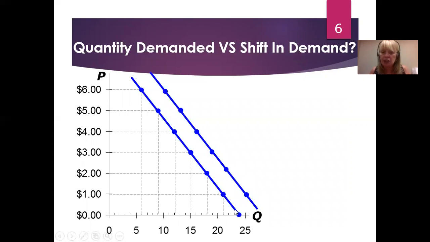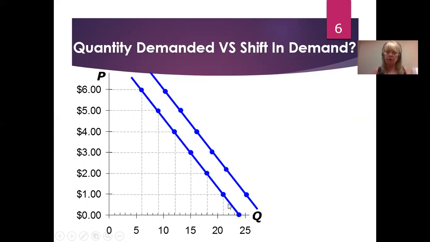So if price changes, we have movement up and down this single demand curve, just like that. When price goes from $6 to $3, or $5 to $2, then quantity changes in response to that, and we just move up and down this demand curve.